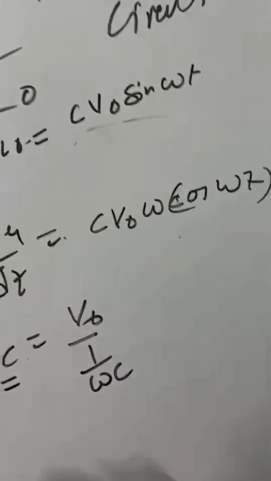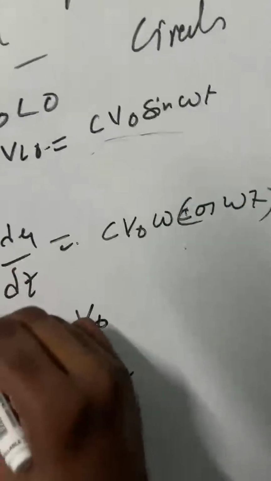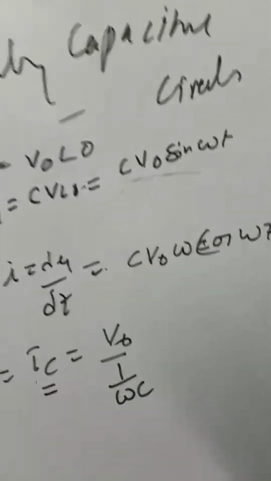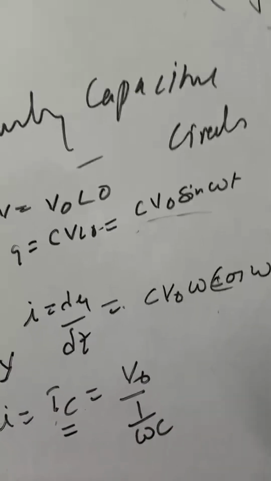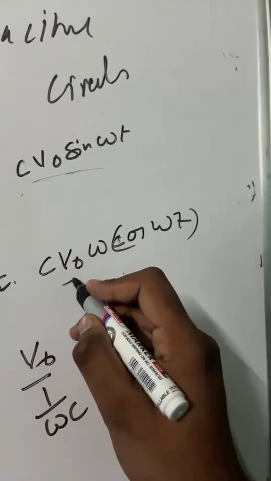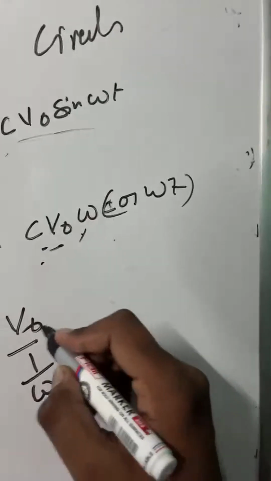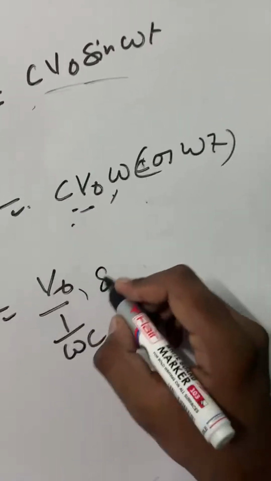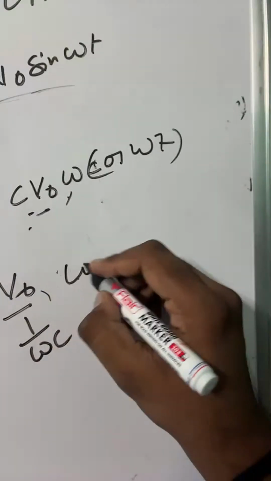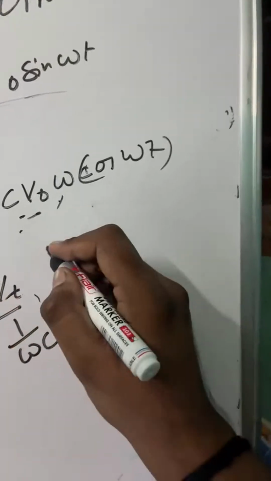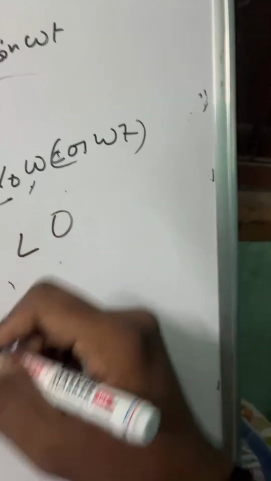Here when we are calculating, it's the charge, right? But in the case of here, just do nothing. In this I, take the 1 by omega C downwards. It will give the same results, and it will obviously be cos omega t.